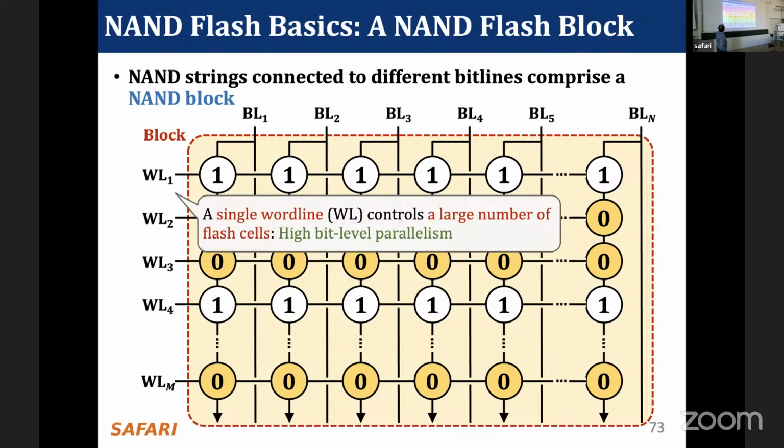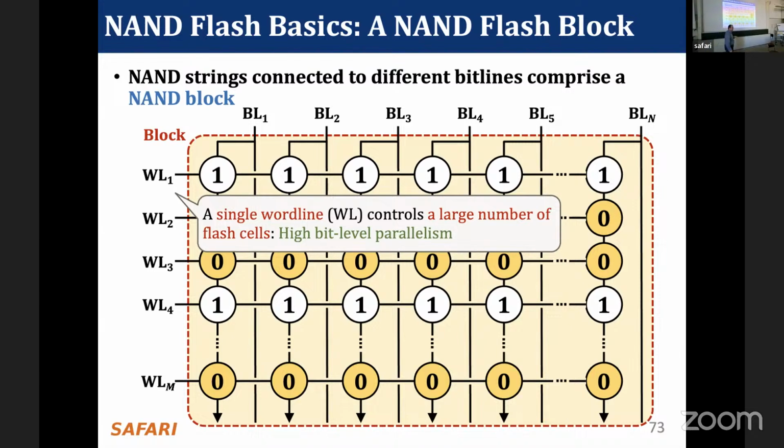And a row here, we call it a word line, controls a large number of flash cells, and that provides high bit-level parallelism. So we can store one page or several pages in each word line. If our flash cell is considered as SLC, which has a single level, only 0 and 1, we store one page per word line.